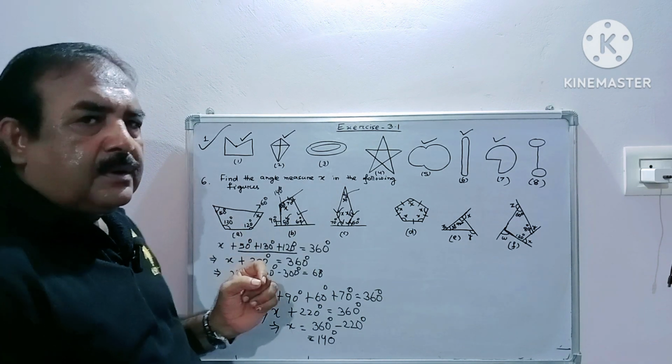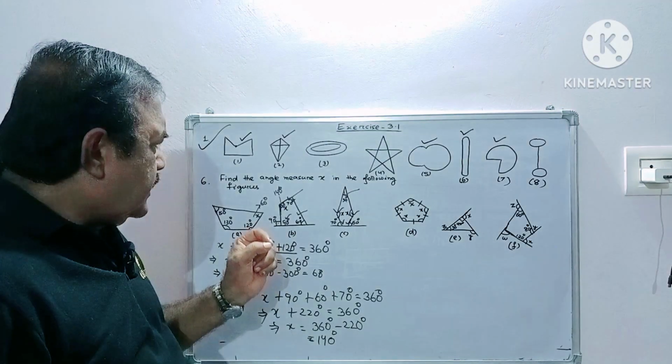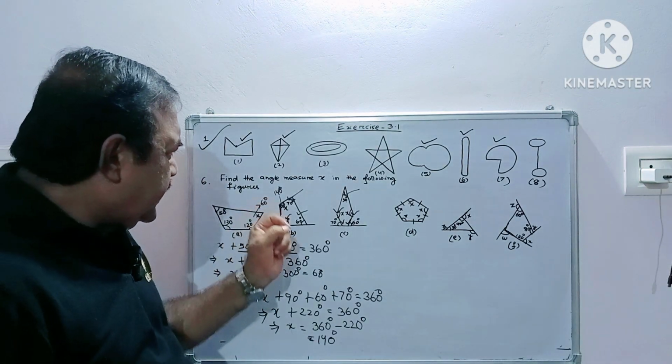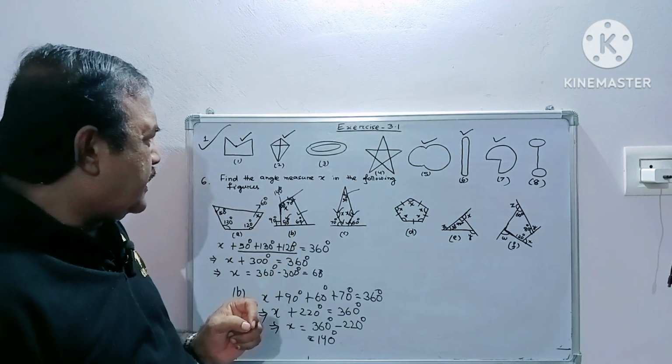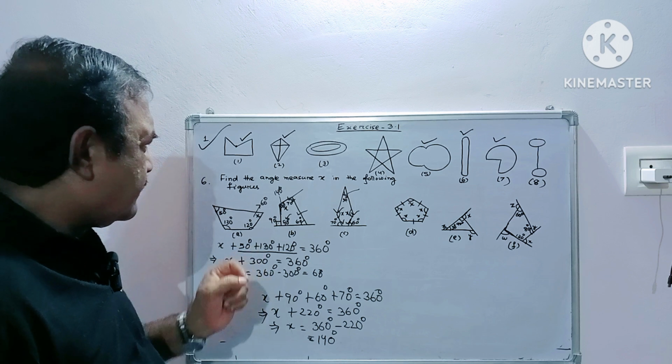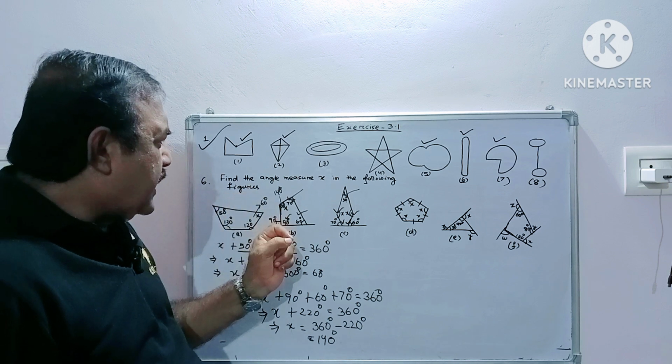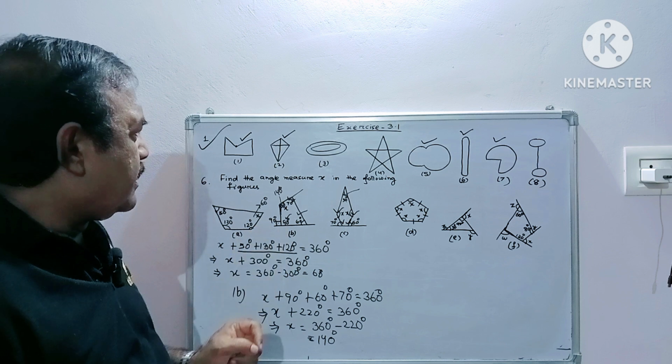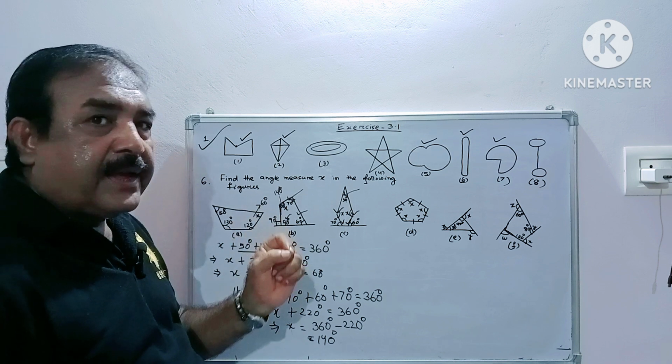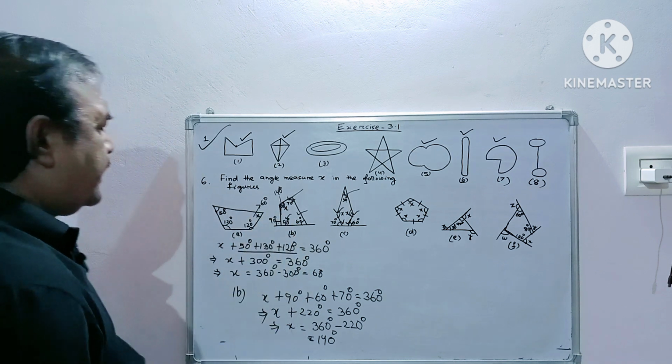So we have to know the sum of the measures of the interior angles of a convex polygon whose sides are 5, that is a pentagon.